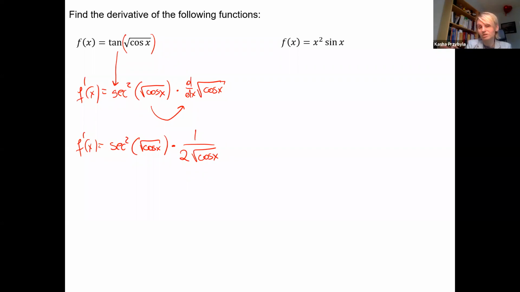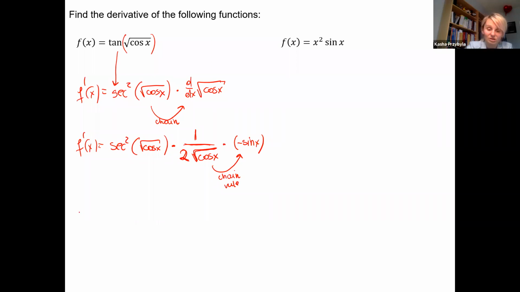Square root of cosine, square root of cosine. And follow the chain rule, the most inner function. What's the derivative of cosine? Derivative of cosine is negative sine of x. That's when we actually have the chain twice. But you can see derivative of the square root is 1 over 2 square roots.